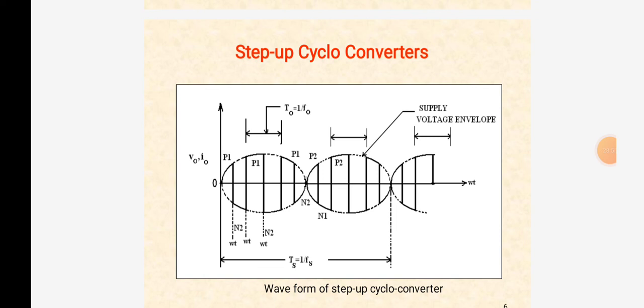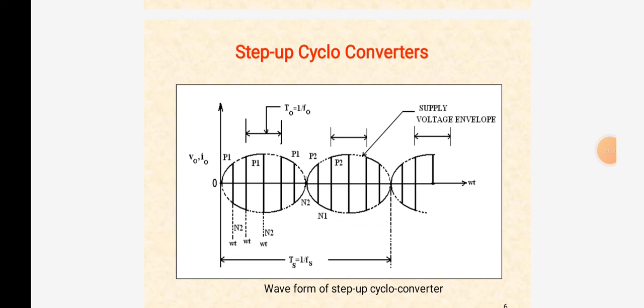During the positive half cycle of the supply voltage, terminal A is positive with respect to terminal B. Therefore, the thyristors P1 and N2 are forward biased from omega t equal to 0 to omega t equal to pi. If the thyristor P1 is turned on at omega t equal to 0 degrees, the load voltage is positive, with terminal A positive and O negative.